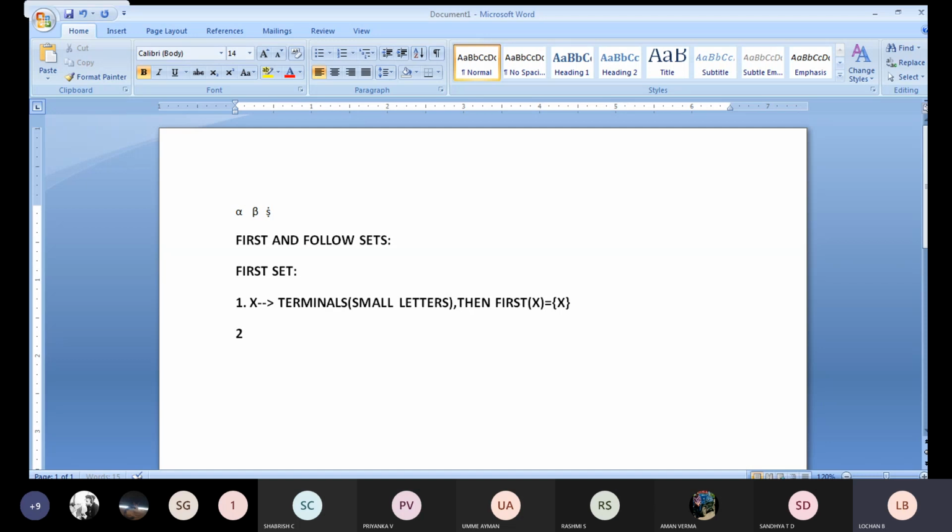Second thing, if X is a non-terminal, non-terminals means capital letters. We will be representing uppercase letters. I can say it is an uppercase letter, or it is variables. So non-terminals are nothing but your uppercase letters, or variables.